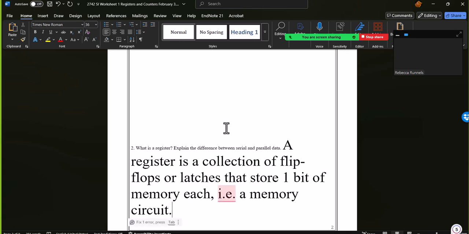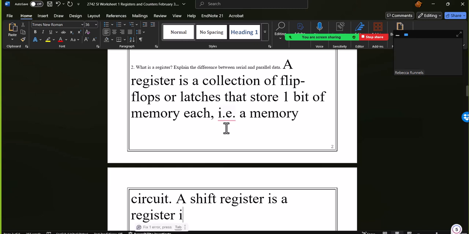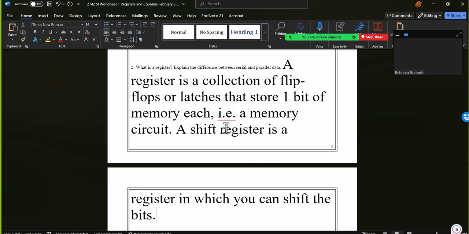And you also have something called a shift register. It is a register in which you can shift the bits.